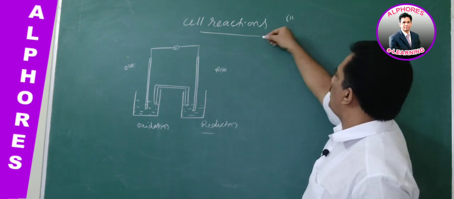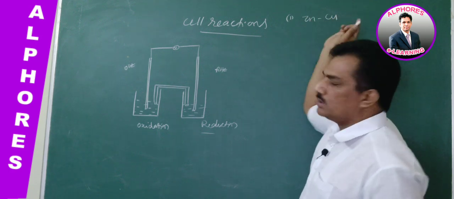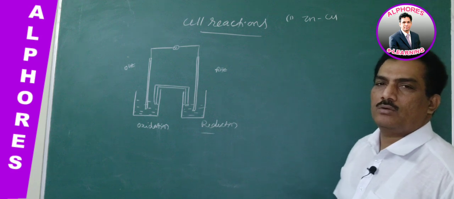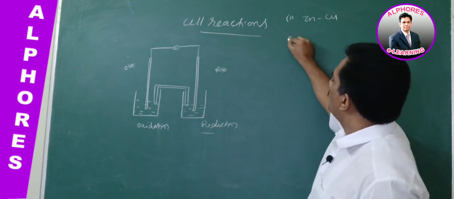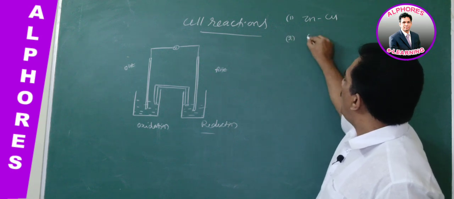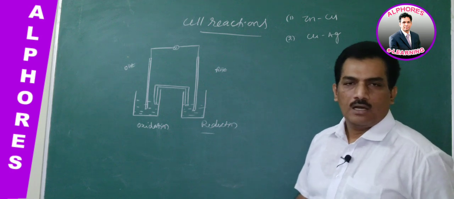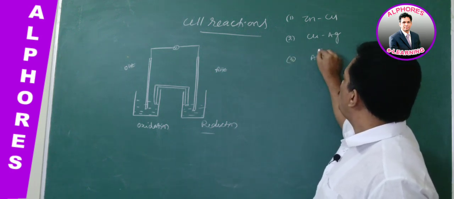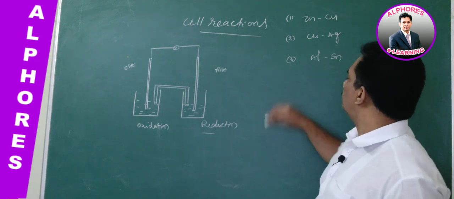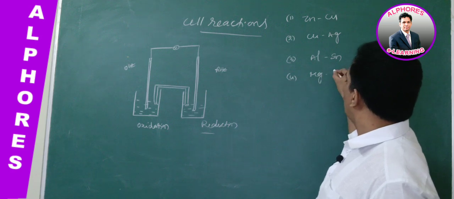For example, the first one we already discussed in the previous session, and the best known is zinc and copper. These two metal electrodes are used for construction of an electrochemical cell, and similarly we also have copper and silver. These two can also be used to construct an electrochemical cell, and similarly we can have aluminum and tin, and magnesium and chlorine.